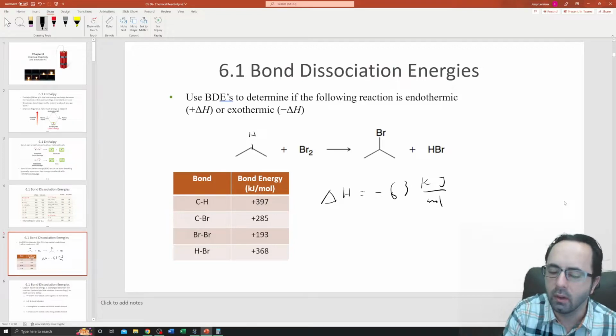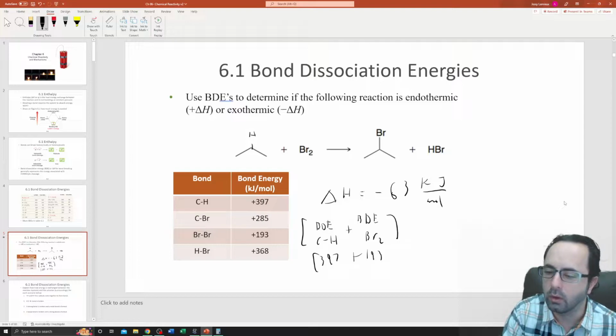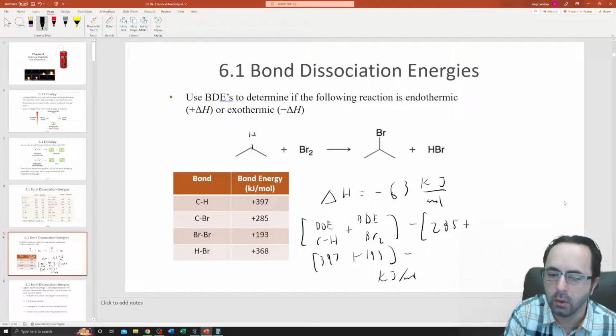And again, that was by adding the bond dissociation energy for C-H plus the bond dissociation energy for Br2, that was 397 plus 193. And then we're going to subtract the energy released, carbon-bromine 285. And then we're also subtracting out here the hydrogen-bromine bond energy.